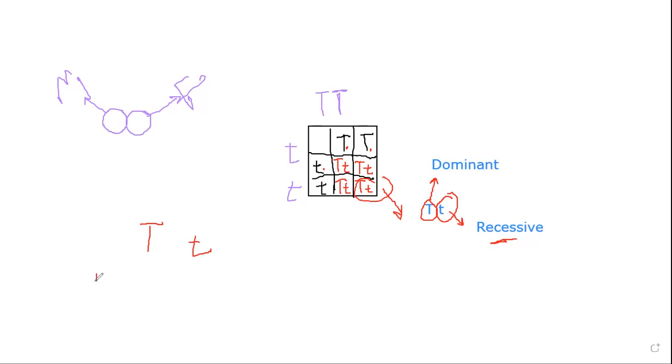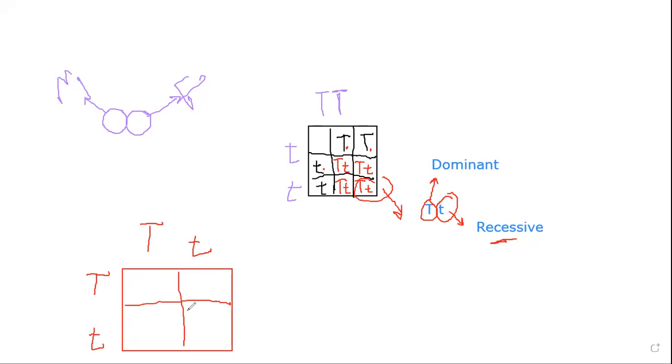The same for the other parent, which will carry one capital T and one small t. So he let them self-pollinate again and waited for the offspring to appear, or the seeds to grow.